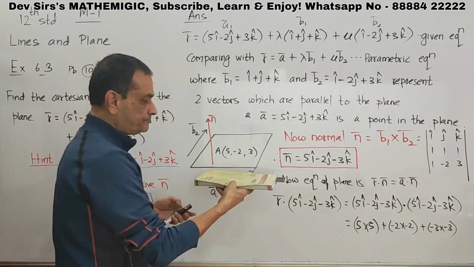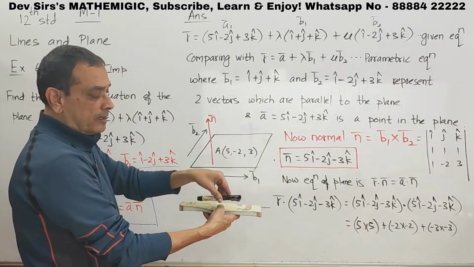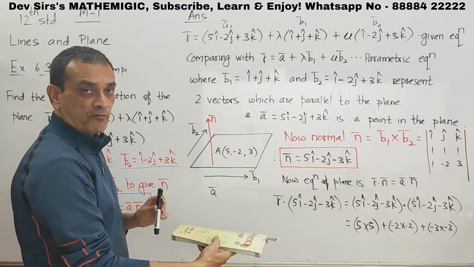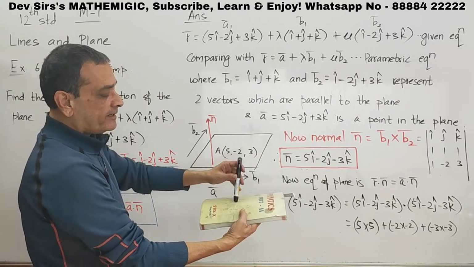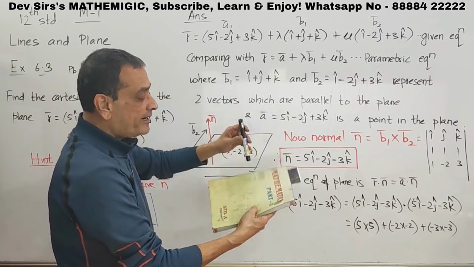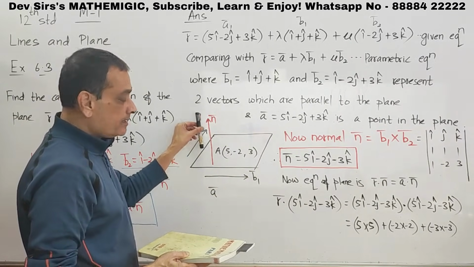Supposing this is the plane, B1 bar here, B2 bar here. अगर B1 और B2 का क्रॉस प्रोडक्ट लिया है, vector product, you get a vector perpendicular to both B1 and B2, which means a vector perpendicular to the plane, which is shown here.